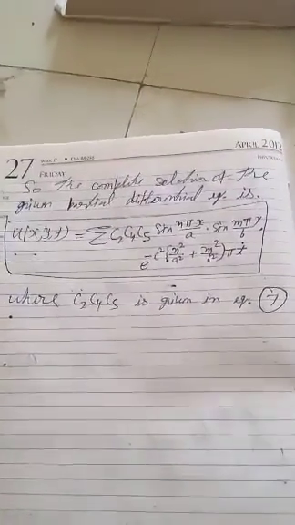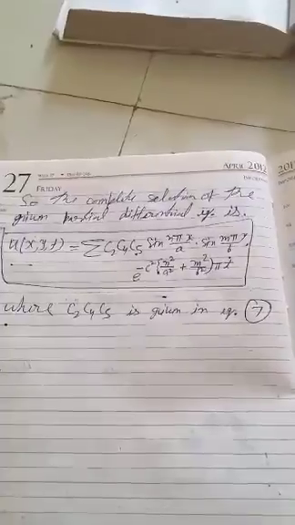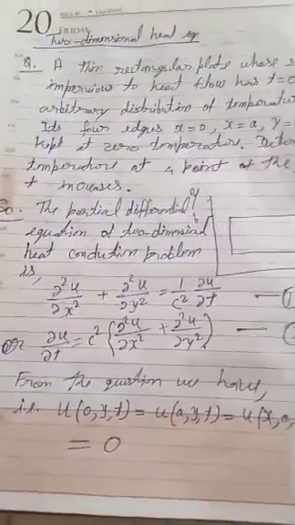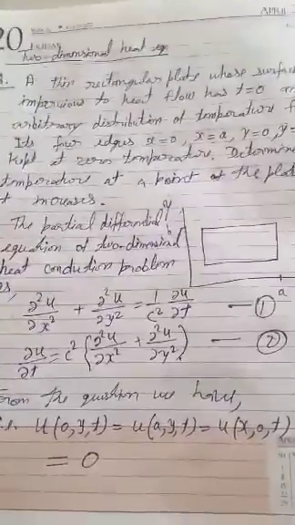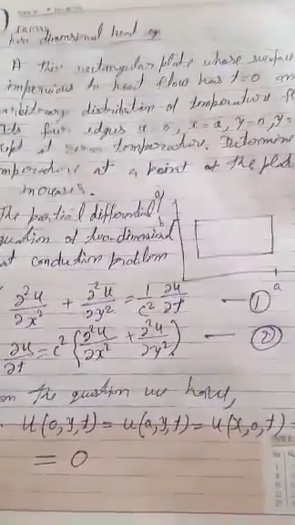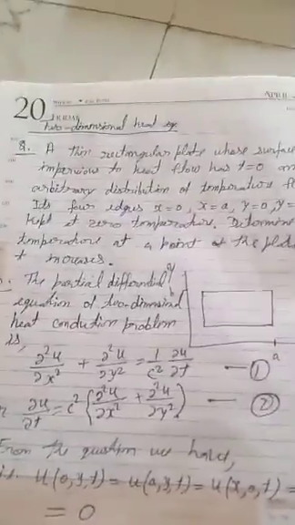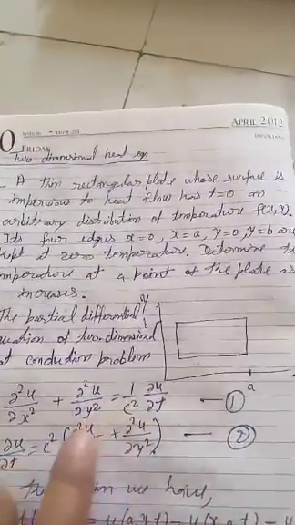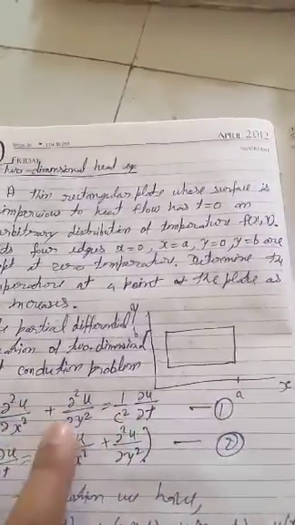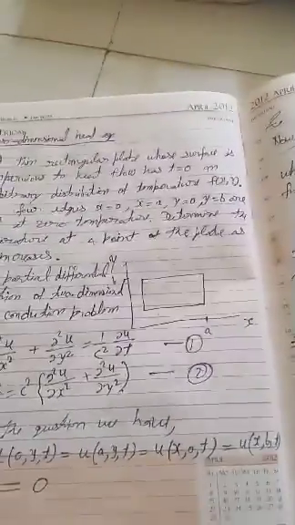One more thing here I want to mention, that whenever we have the case in the given problem for steady state, that is del u over del t is 0, this equation 1 behaves like del 2u over del x square plus del 2u over del y square is equal to 0.